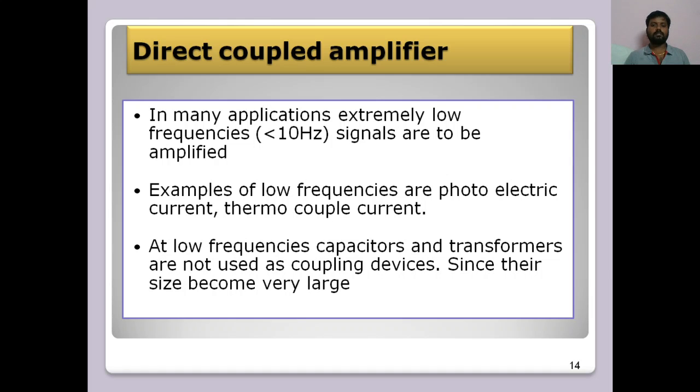At low frequencies, capacitors and transformers are not used as coupling devices, since their size becomes very large at low frequencies. To use them, we would need to design capacitors and transformers of a very large size, which is difficult and bulkier. So we are not going to use capacitors and transformers at low frequencies.